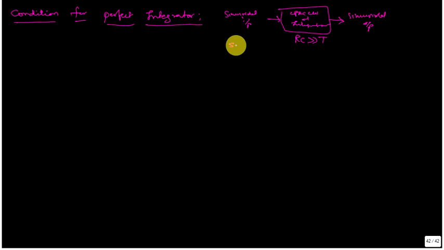For example, if you apply sin theta, the output of the integrator is minus cos theta. The same minus cos theta can be written as sin of theta minus 90, so the phase shift introduced is 90 degrees. So when a sinusoidal input is applied, there may be a phase shift of at most 90 degrees. A perfect integrator should give a 90 degree phase shift.